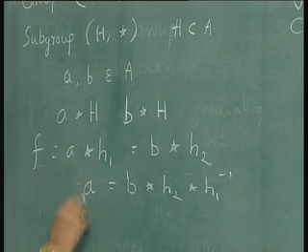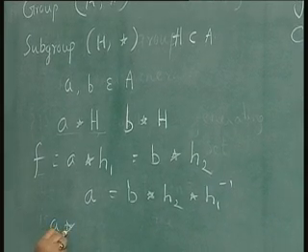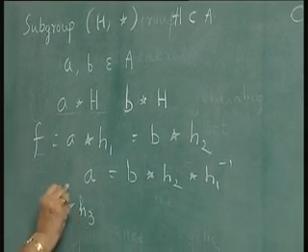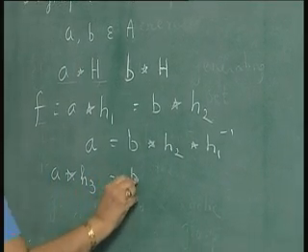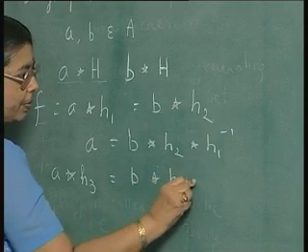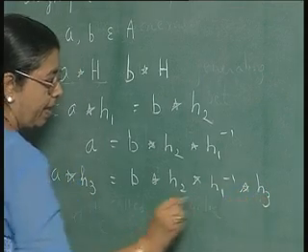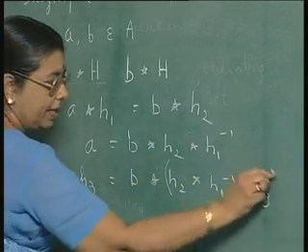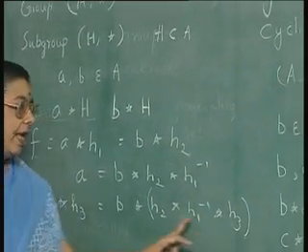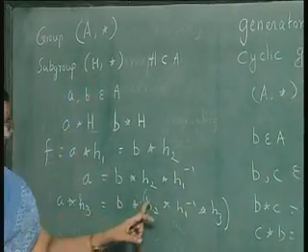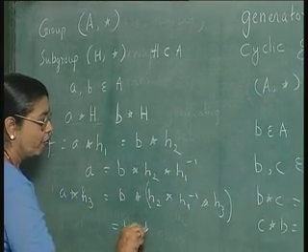Now, take some element in a star H. It will be of the form a star h3. Any element here will be of the form a star h3 and that will be of the form b star h2 star h1 inverse star h3. Now, look at this: because of the associative property I can group like this. h2, h1, h3 are all elements of H, so this will be an element of H. So, this you can write as b star some h4.